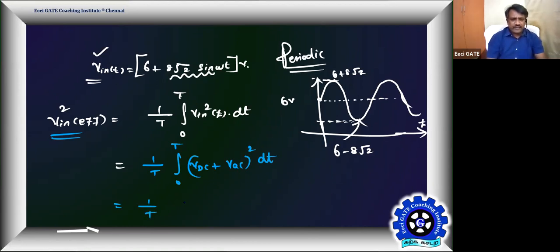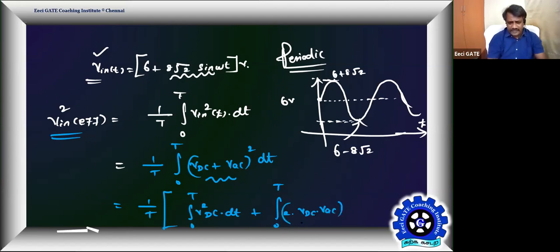What is the first component of this squaring? Integral 0 to T V square DC into dt, plus integral 0 to T 2 times VDC into VAC into dt, and third component integral 0 to T V square AC into dt.